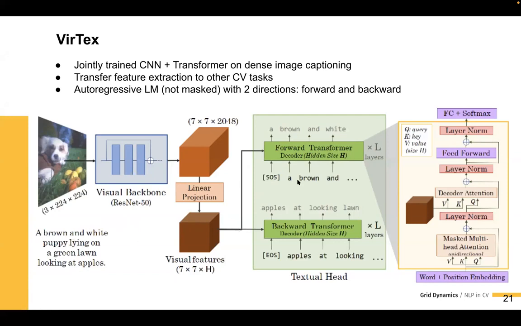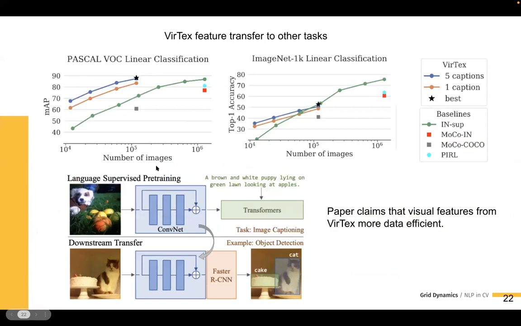And we train this model autoregressively to predict the next word in each of these transformers, and we can train our visual backbone using these captions. So what does it help?